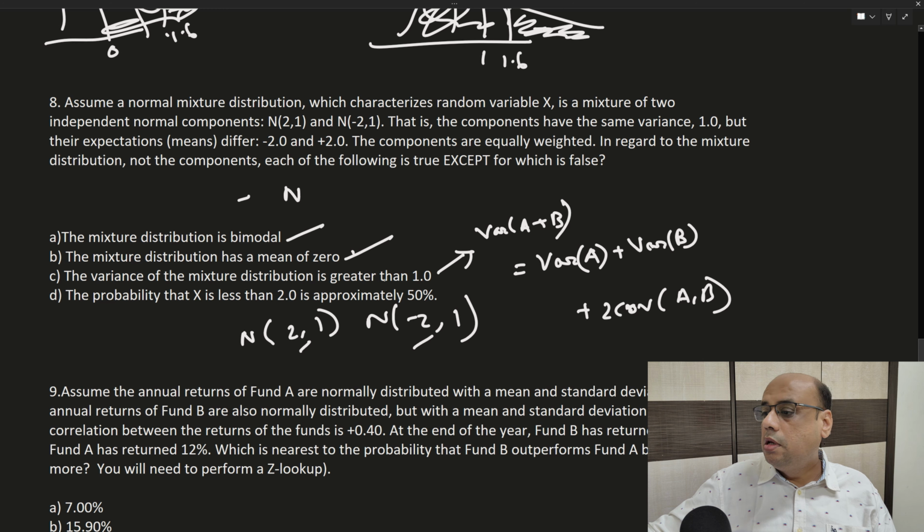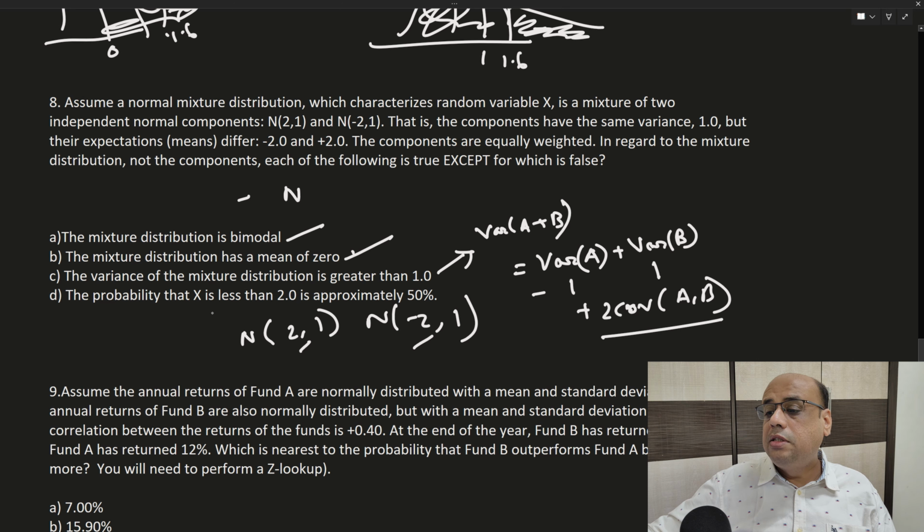The variance of A has the same variance 1, but their expectation means differ. So the variance of the mixture is greater than 1. This is 1, this is 1, so obviously this will be more than 1. So C is also correct.